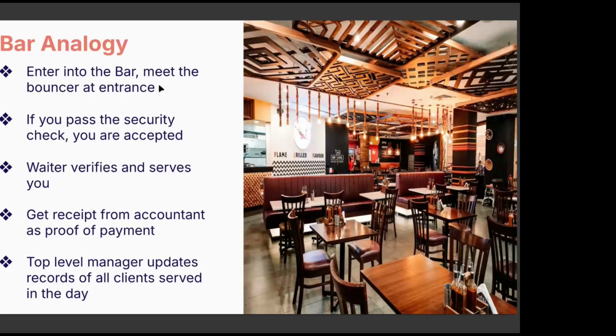The waiter verifies. In some restaurants, at least those I've gone to, the waiter generates a small chit with whatever you've ordered, and they transfer this to whoever is preparing.